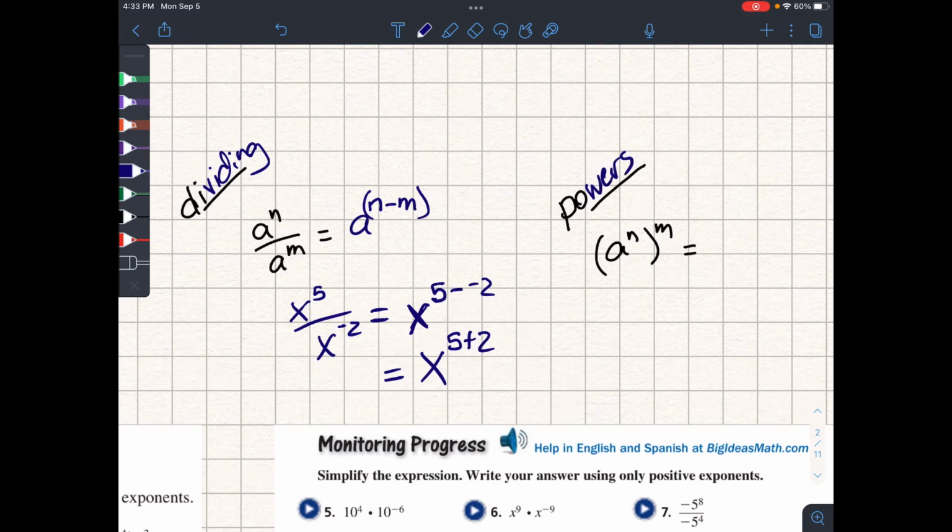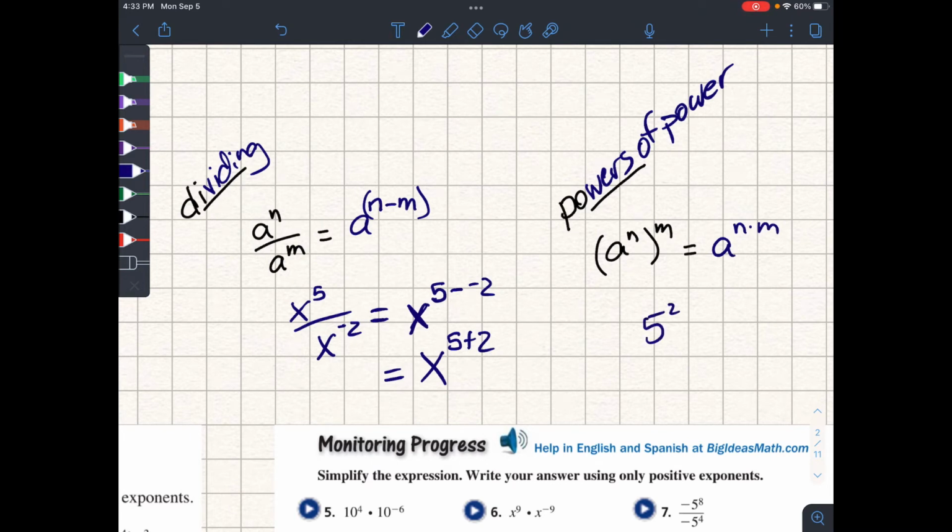And when we take a power of a power, so this is an exponent inside of an exponent, a to the n carried to the m power is a to the n times m.